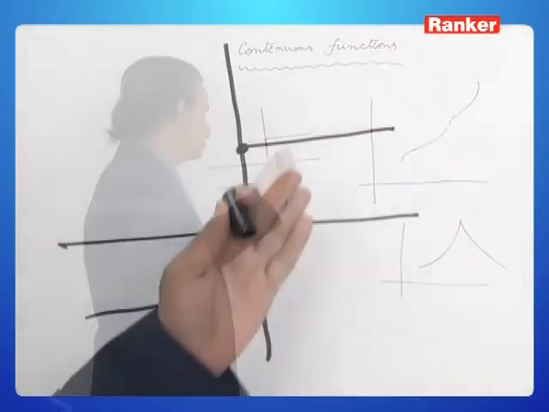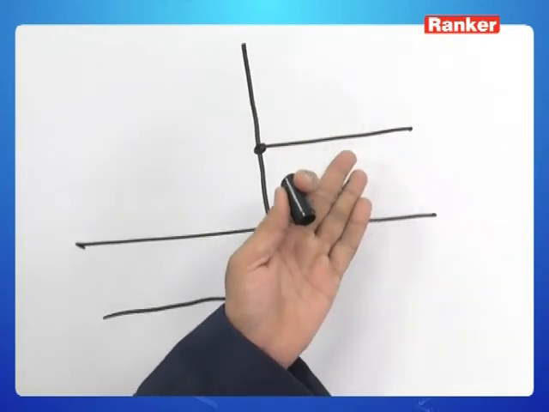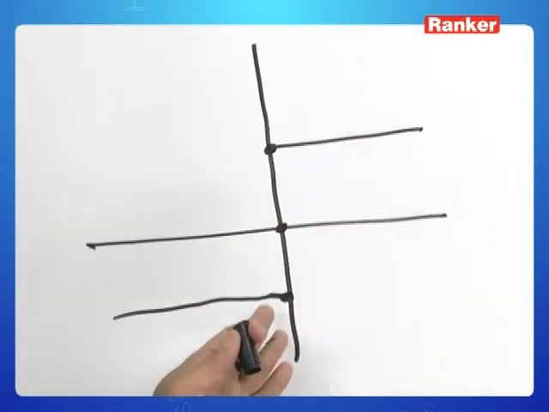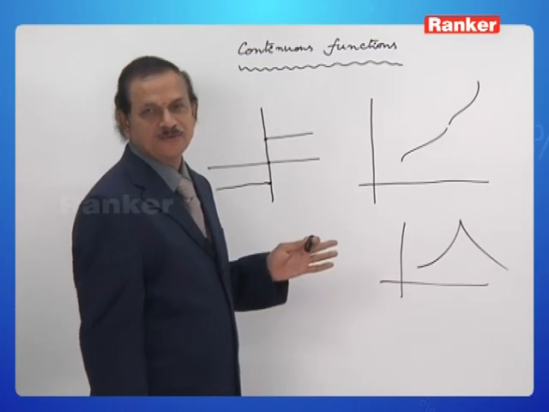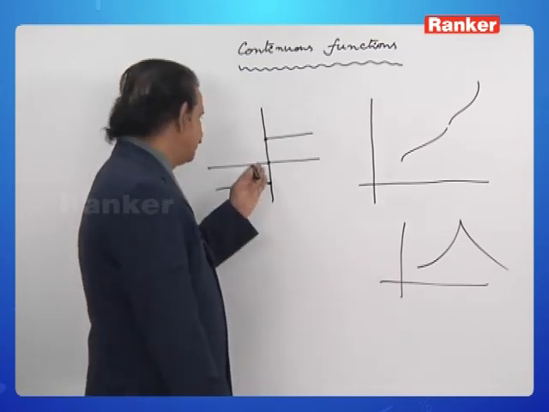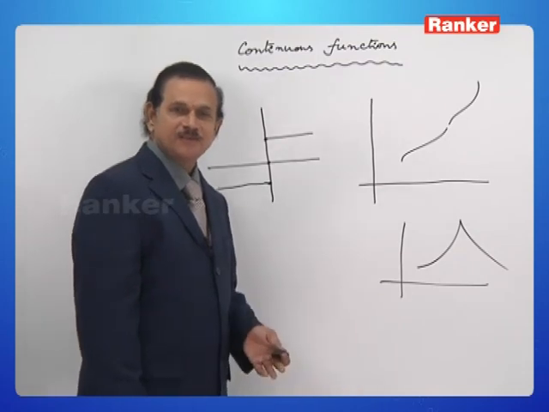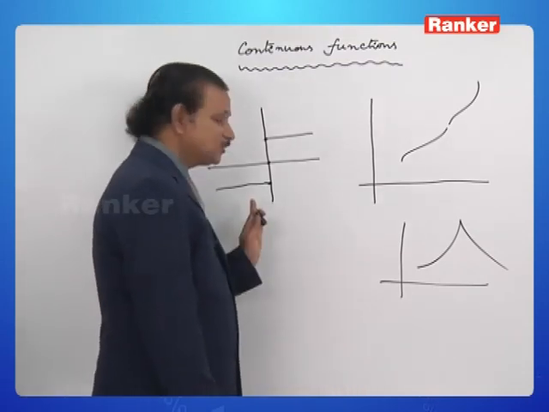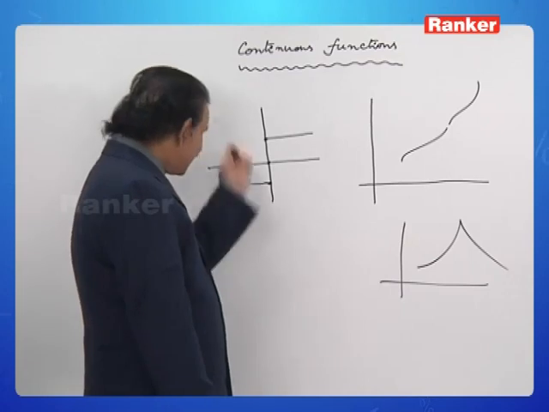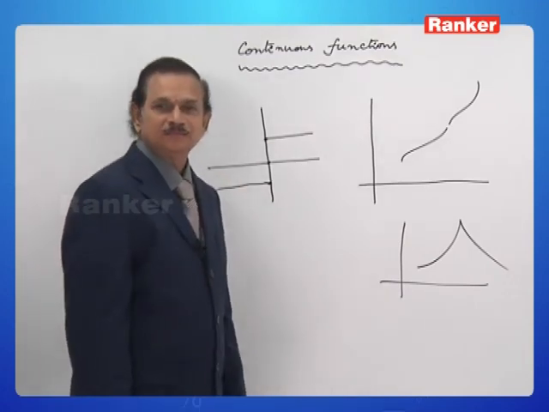It is 1 if x is greater than 0. It is 0 if x is 0. It is minus 1 if x is less than 0. The continuity will be broken at this point 0. Isn't it? So, it has been split into two parts.